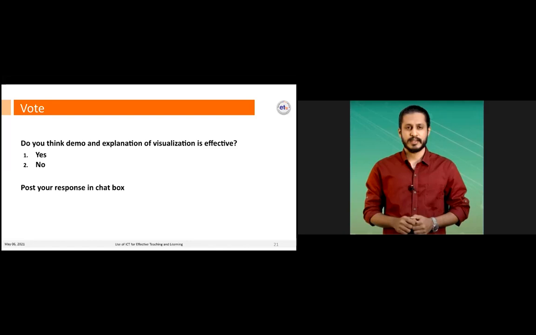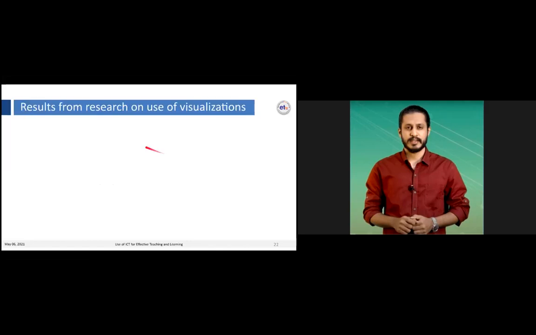It's not just you and me, but there are evidences, there are results from research on the use of visualization that also say the similar thing in a different way. One researcher, Hansen, says that showing demonstration alone is not effective. And Lindgren is saying that the potential benefit of visualization may get lost if students merely observe or watch.